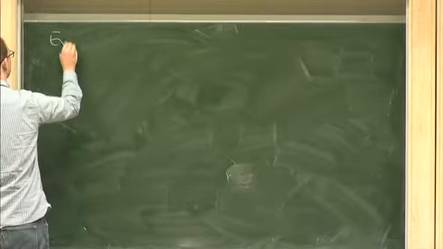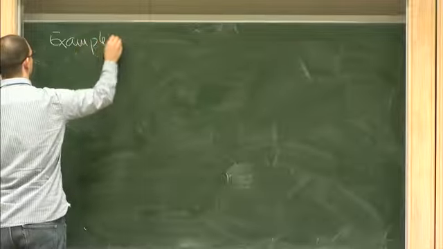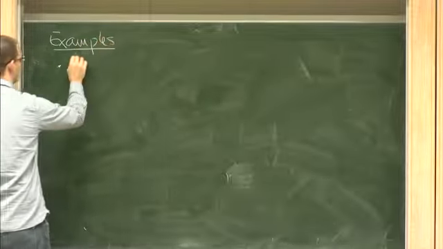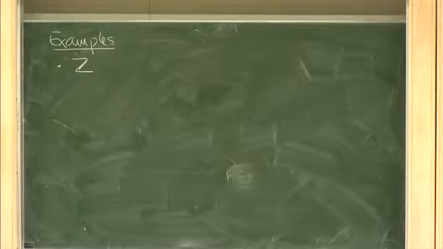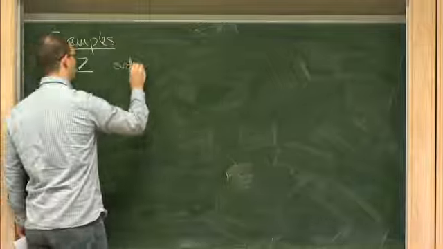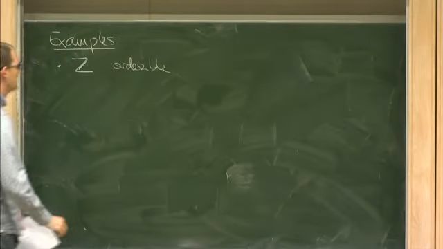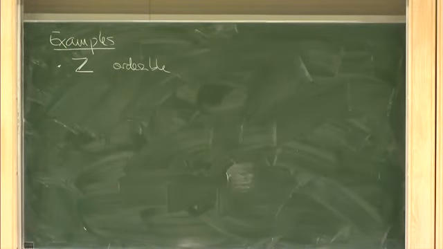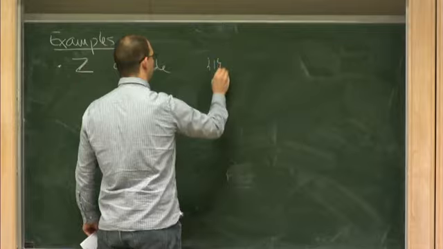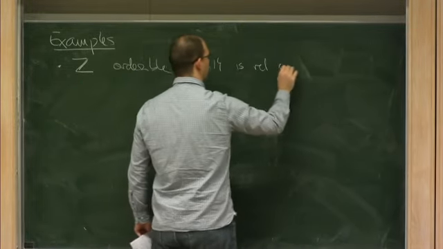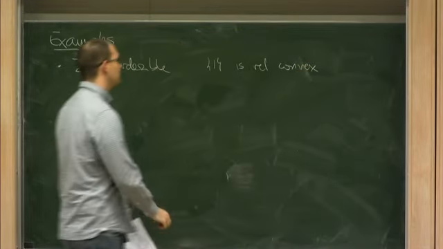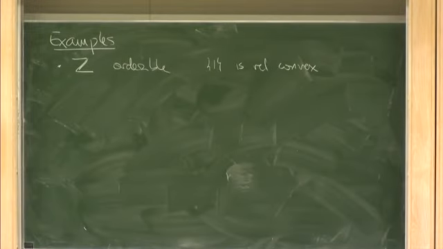So let's do some very basic examples. I think the first and main one is the integers. This is orderable. It has two orders only, and in both of them the trivial group is relatively convex, and also the full group is relatively convex.